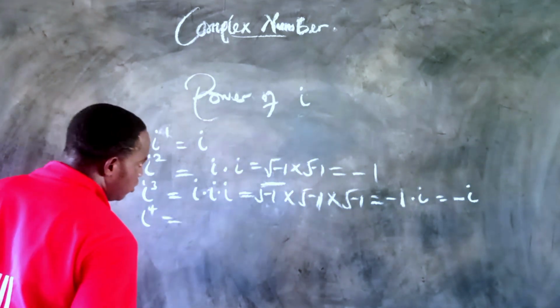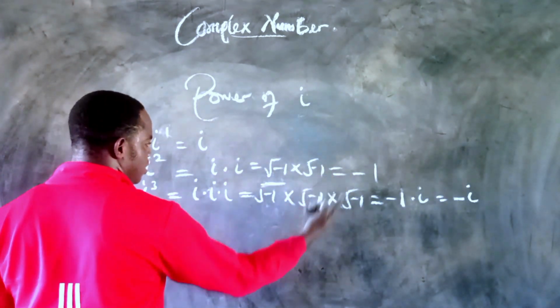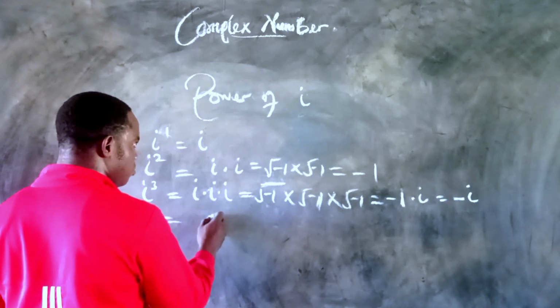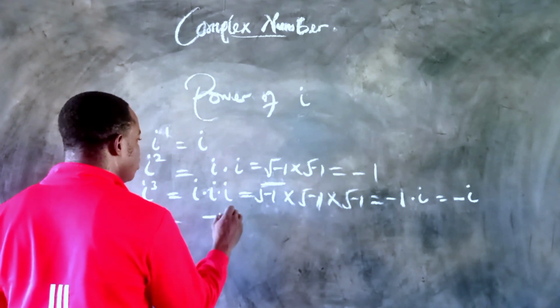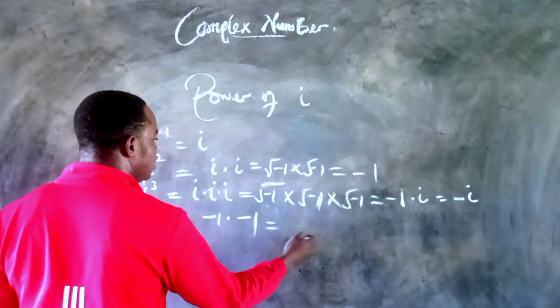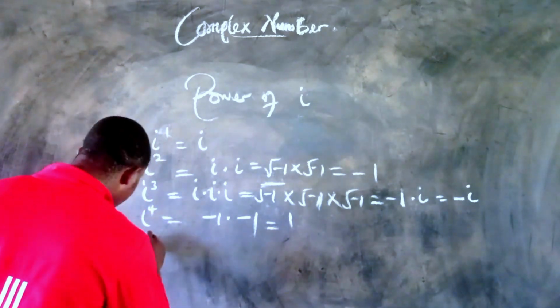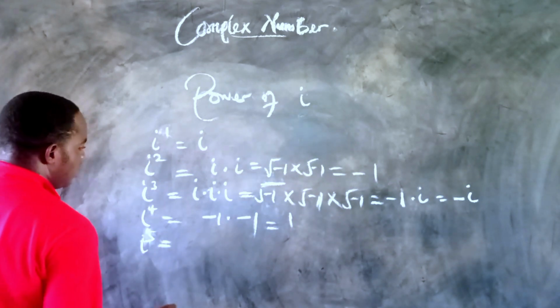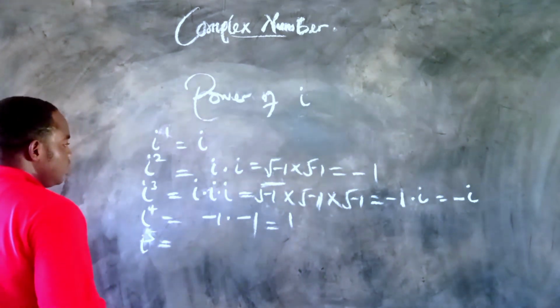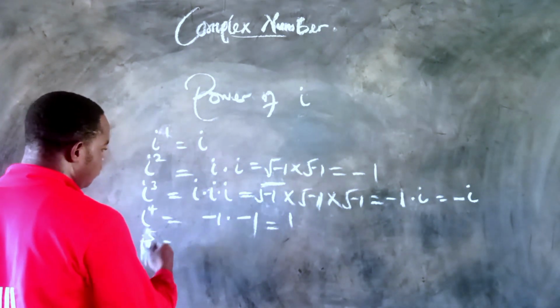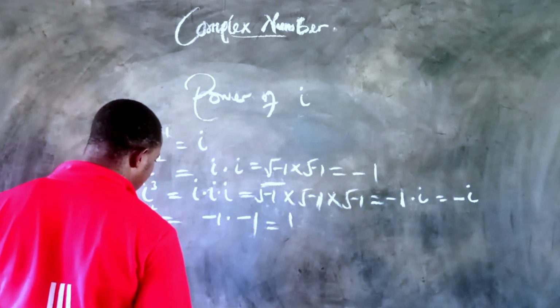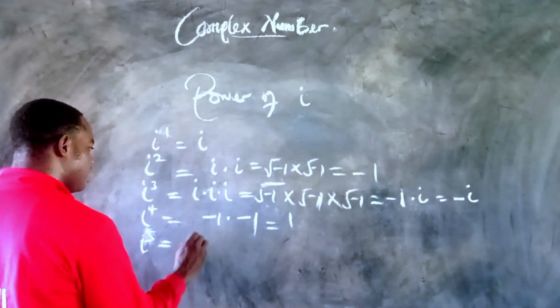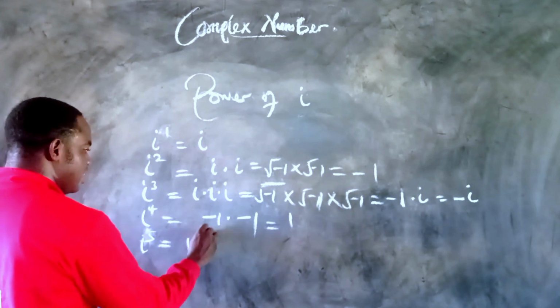So what of i raised to power 4? You agree that it's going to be i raised to power 2 multiplied by i raised to power 2, where i raised to power 2 equals -1. And -1 multiplied by -1 equals +1, right? Now let's see i raised to power 5. That's simply going to be i raised to power 4 multiplied by i.